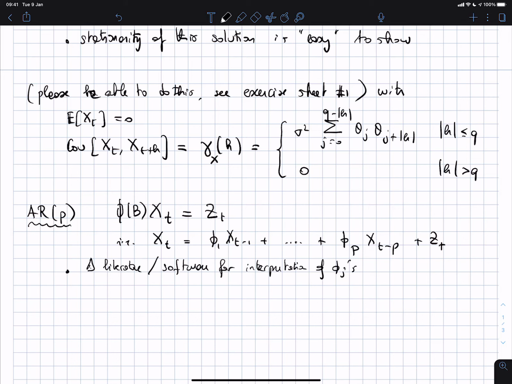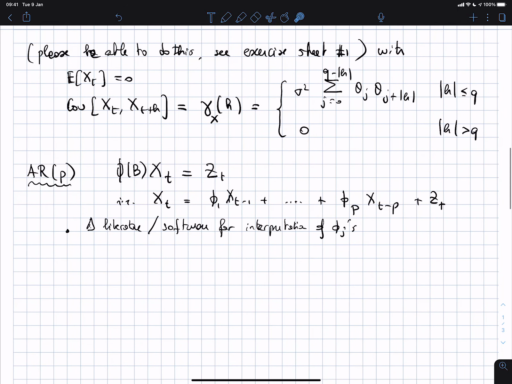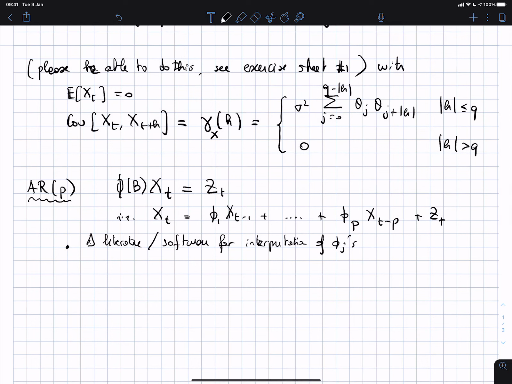In certain software the phi j's that I write here are in fact the opposite of the phi j's that are encoded in the software. It really depends on the parameterization chosen. It changes nothing in practice, but you have to be careful of the parameterization in which you're working. That's all I'm saying.